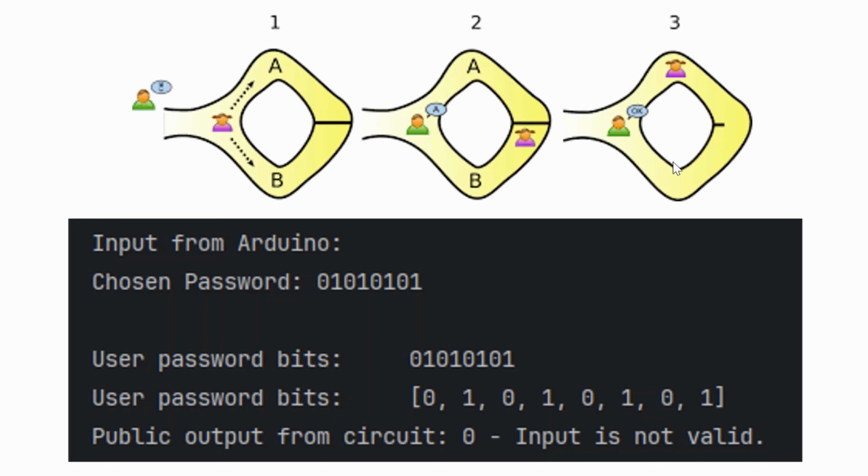Now we have a look at the second program that our Arduino has on it. It's about a password that you can input with the 2 buttons on the Arduino with 0 or 1. And that's the main principle of zero knowledge proofs.